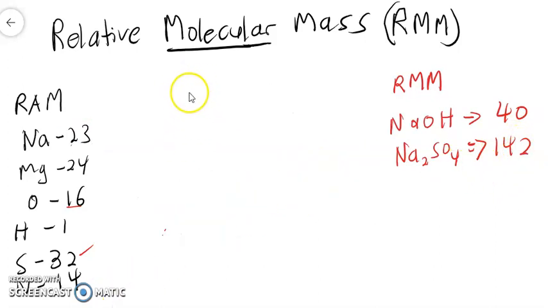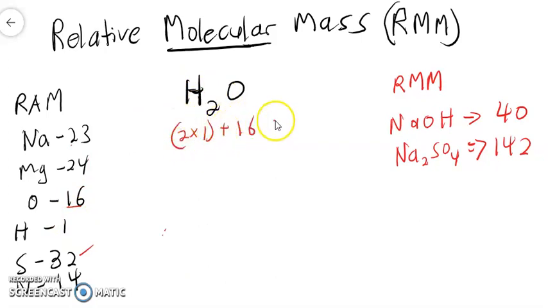Now let us try other molecules. Let us try RMM for water. Water is H2O. The calculation is pretty simple here. 2 multiplied with hydrogen, which is 1, and then we add oxygen. So it's basically 2 plus 16, so you have 18. Water is basically 18.